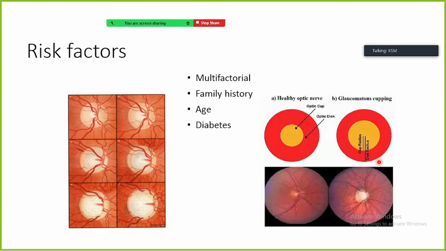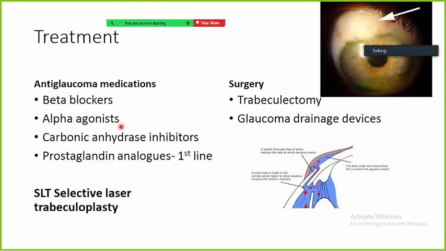The risk factors are multifactorial: family history, age, diabetes, and sometimes optic nerve perfusion also plays a role. So sometimes it's people with sleep apnea or other causes where the optic nerve doesn't get perfused properly, especially in the night, and sometimes they will progress.